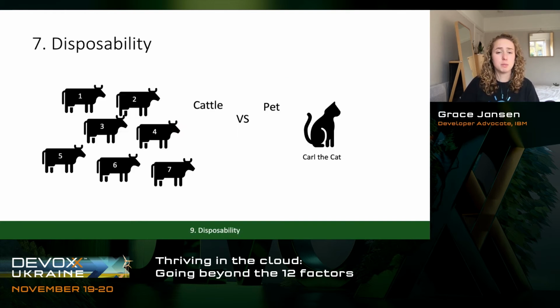Number 7, disposability. So this links into the original factor, disposability, same name. This is all about maximizing robustness via fast startup and graceful shutdown. The reason I've got this diagram up here is because this factor is all about being able to dispose of components in our application without really thinking twice about it.